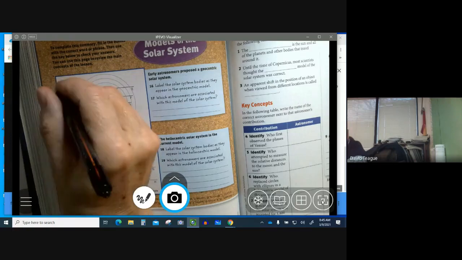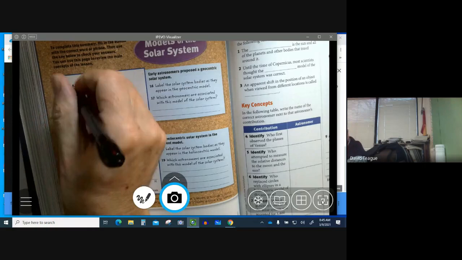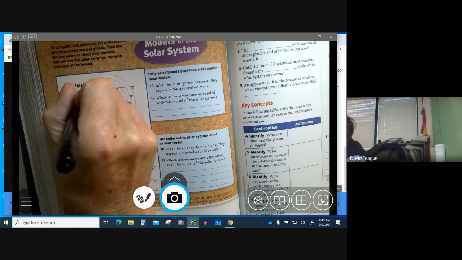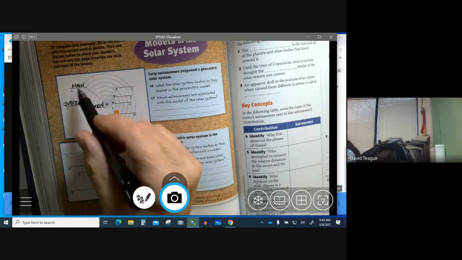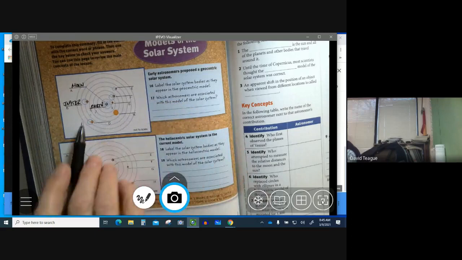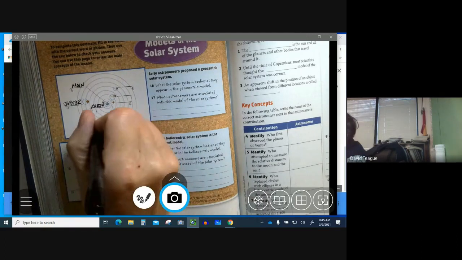That is actually Jupiter. Okay, so we have A, B, C, D. Is that Saturn? That is Saturn. Very good.